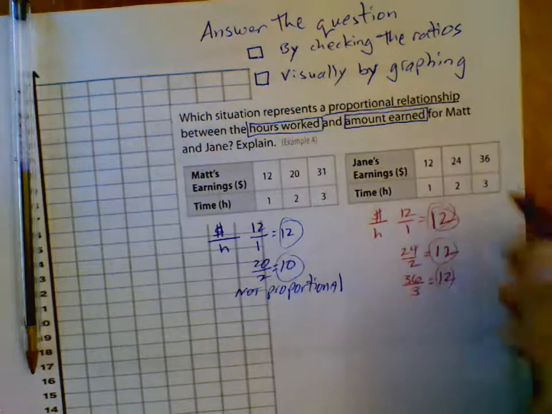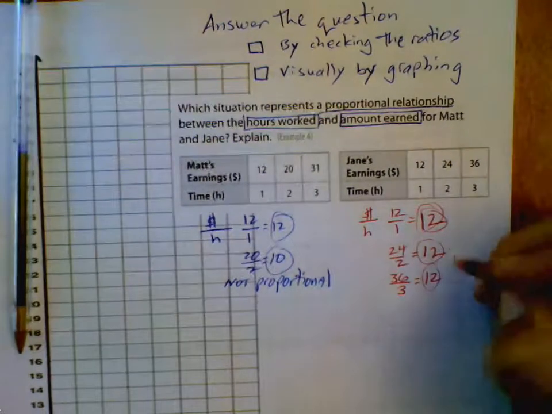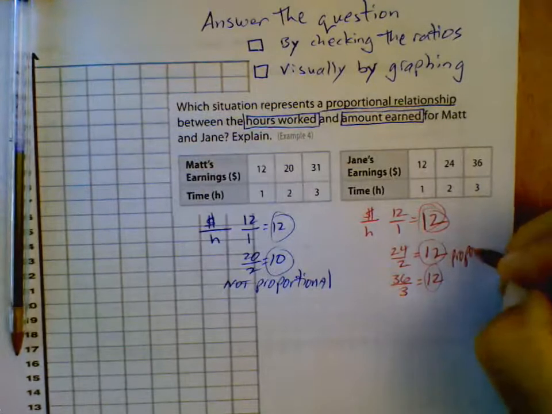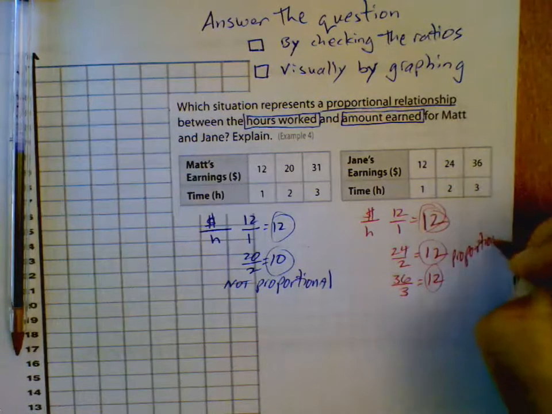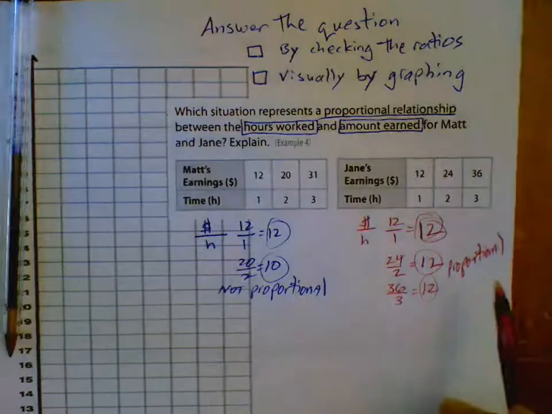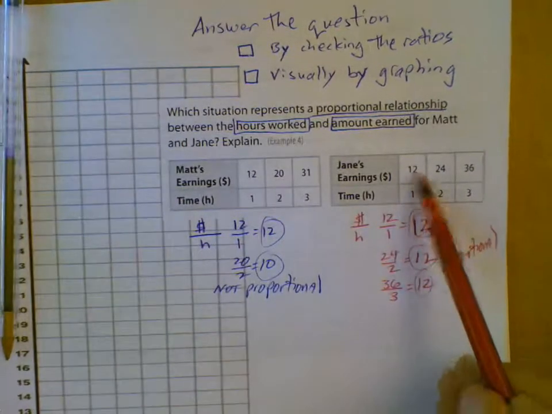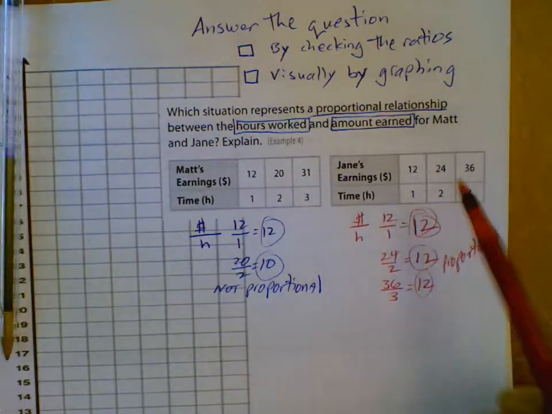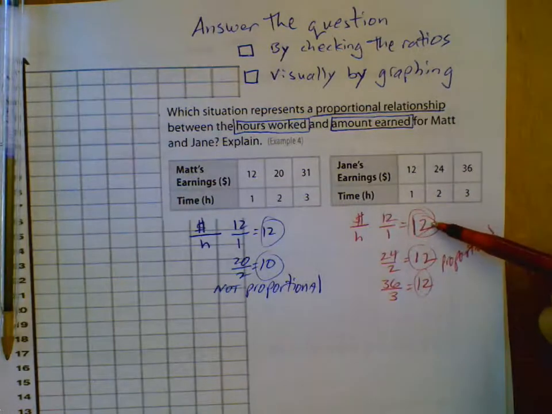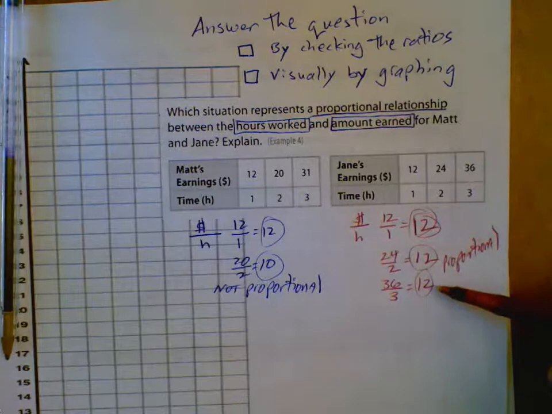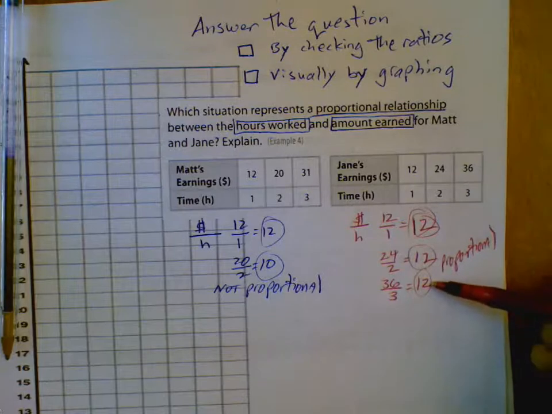Since these are all the same, this is proportional. Remember, you can see that something's proportional, that no matter how the numbers in the relationship change, the ratio of the values doesn't change. So that's how we can tell.